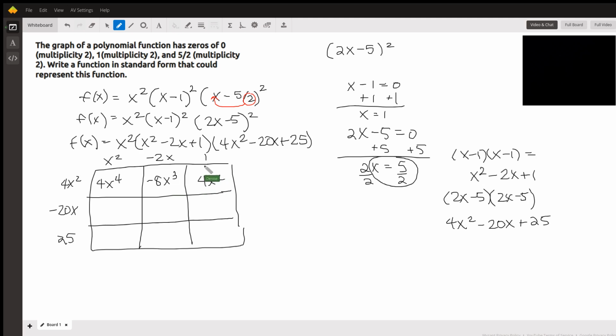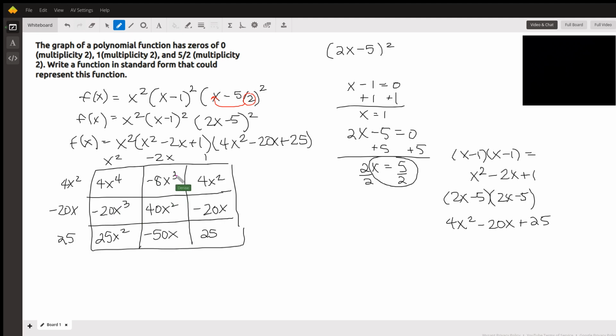I'm just going to keep going with this. Actually, the times 1 is the easiest. So I'm just going to do this for each of these. This will be minus 20x cubed plus 40x squared, 25x squared minus 50x. And then I need to see what are my like terms.